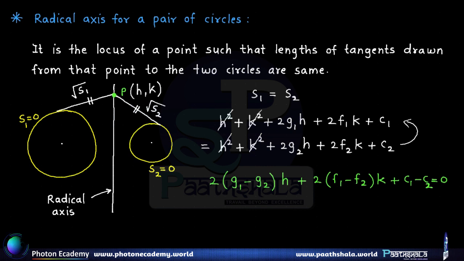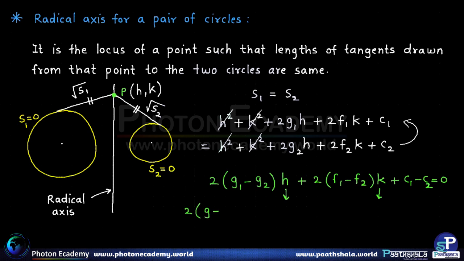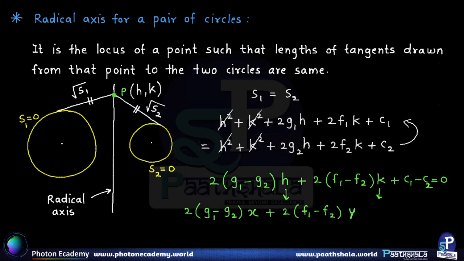Now since we want the locus, we replace h and k by x and y respectively, and hence we get 2 times (g1 minus g2) x plus 2 times (f1 minus f2) y plus c1 minus c2 is equal to 0.